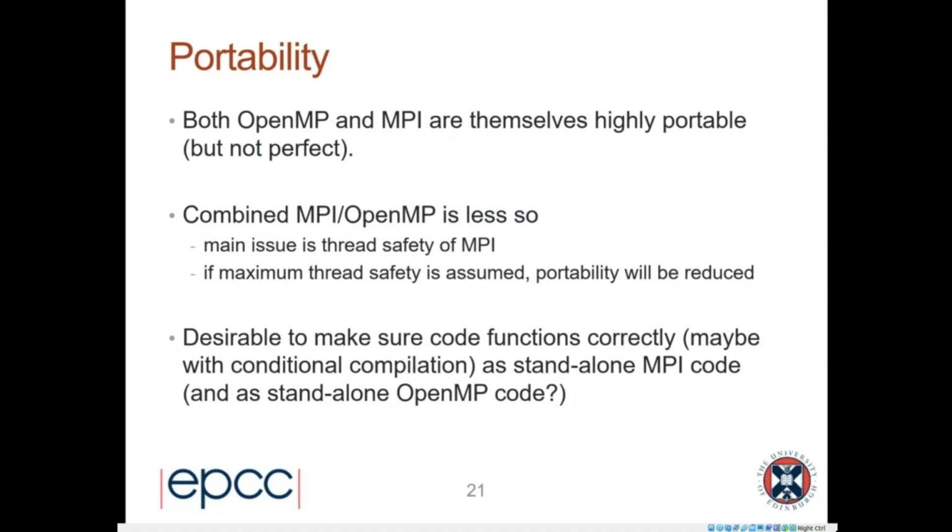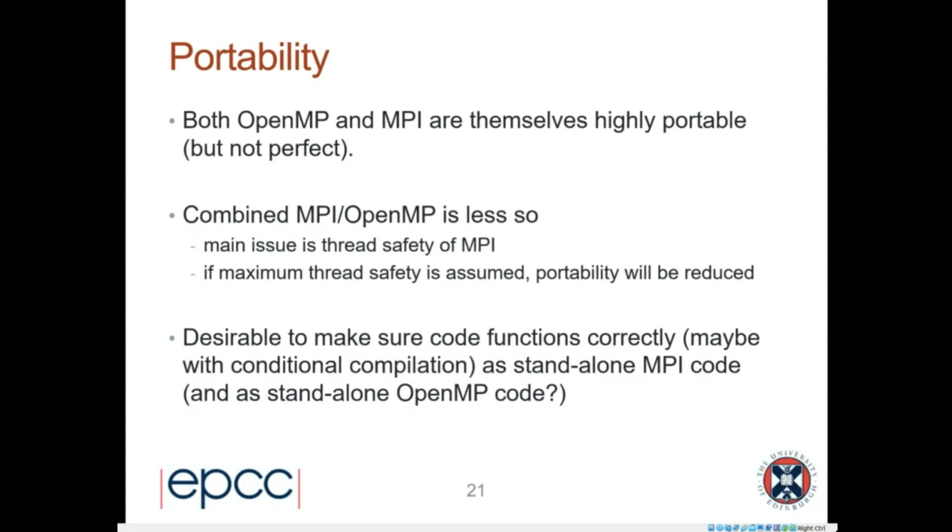Portability: OpenMP and MPI are highly portable but not perfect, but the combination of MPI and OpenMP is less so. The main issue is thread safety of MPI. In the next lecture, we'll talk about the different ways of doing MPI plus OpenMP in practice. The simplest way just uses the serial MPI library, but the most complicated way requires the MPI library to be thread safe, in other words able to be called by multiple threads at once from the same process.